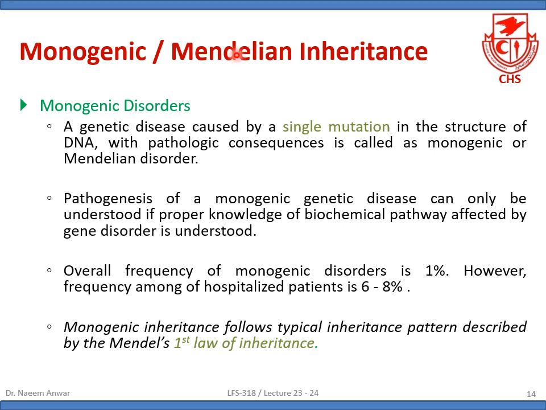And mainly, as you can see here, the frequency of these disorders is only 1%. So it is not frequently happening within the populations, and it will follow the typical inheritance patterns as mentioned in the first law of inheritance.